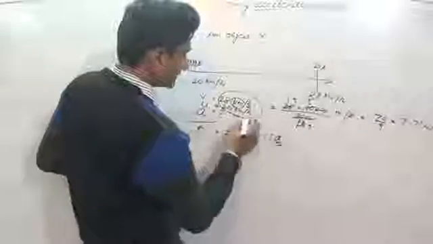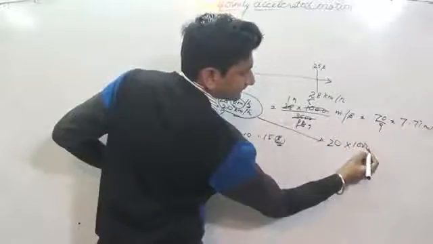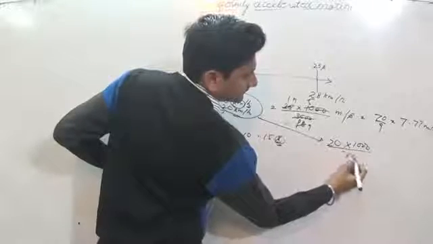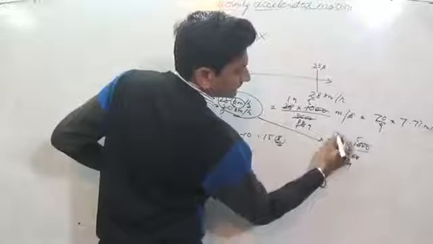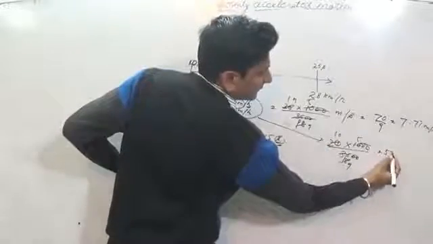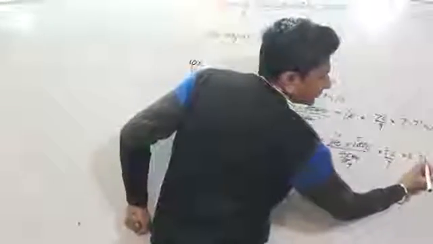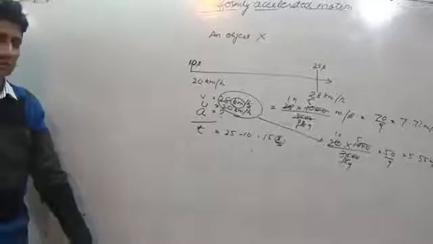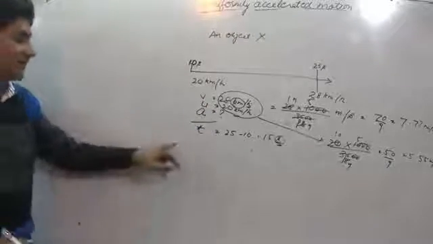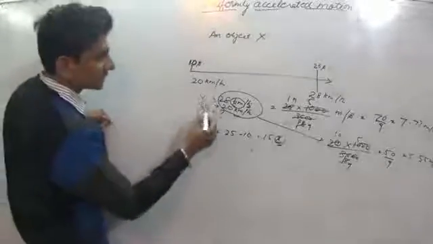This again becomes 50 upon 9, which is approximately 5.55 meter per second. Now, when we have the final velocity, initial velocity and time difference given, we can easily find out A using this equation.